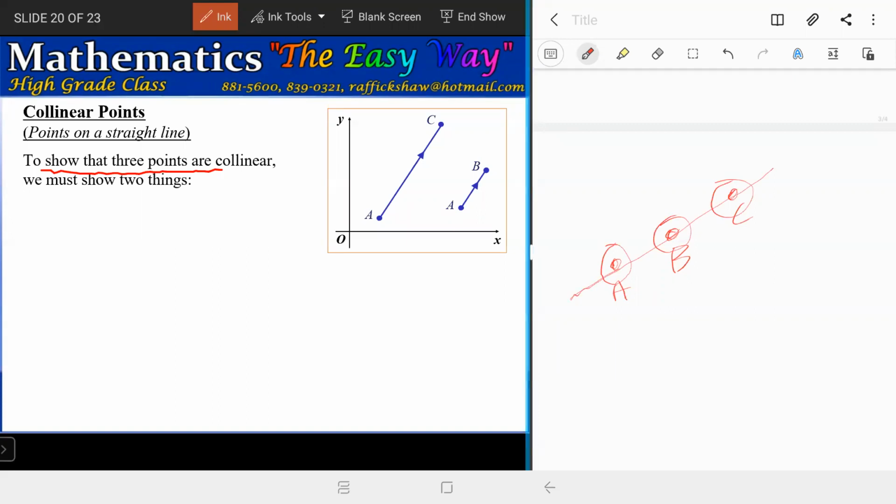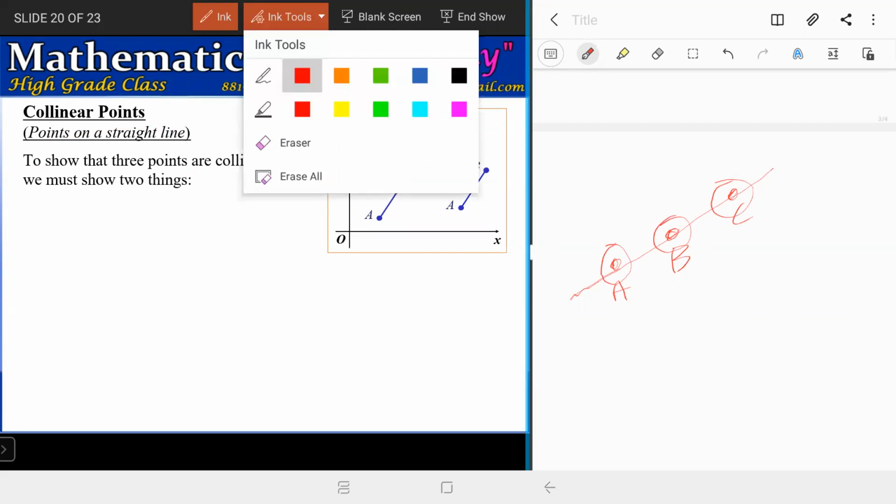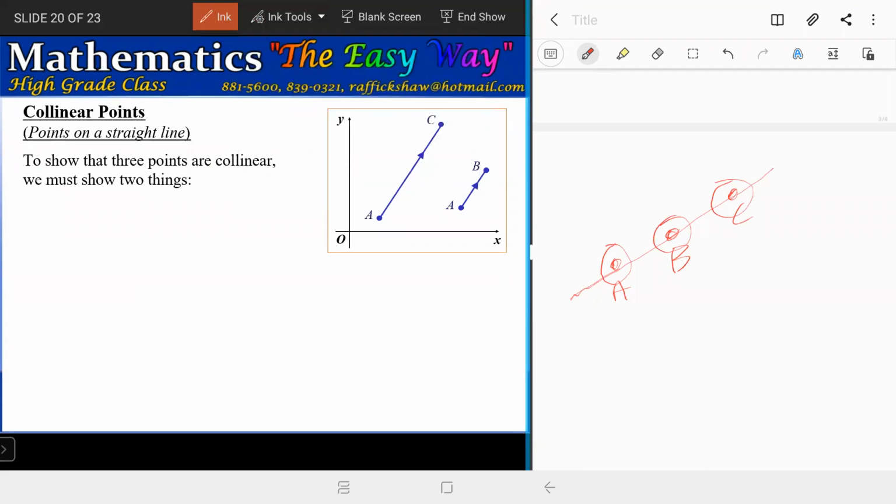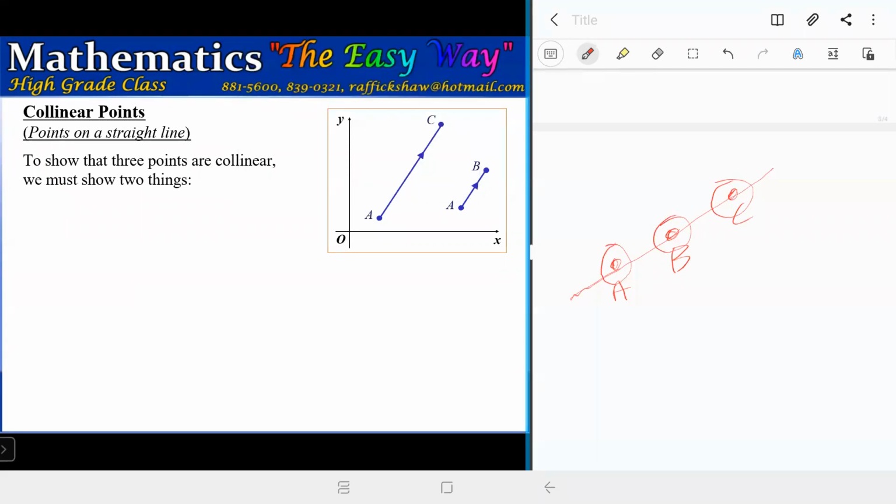How do you show it? To show it, you have to show 2 things, guys. Once you can show those 2 things, it means that the points are collinear. 1, you have to show that you have 2 parallel vectors passing through the 3 points.